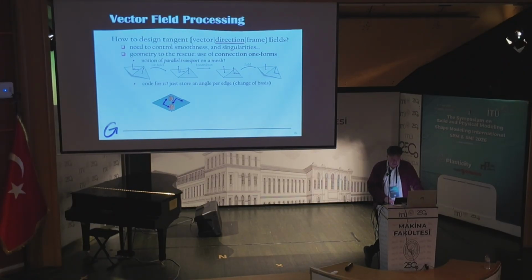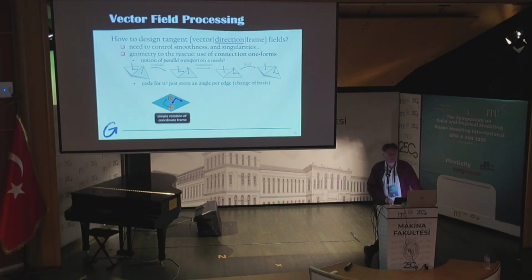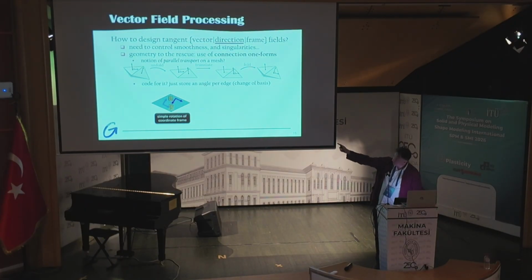And then the angle between the two frames is simply the smallest angle that you need to rotate the frame in I to the frame in J. This angle basically tells you what type of rotation you need to go from the frame in I to the frame in J.